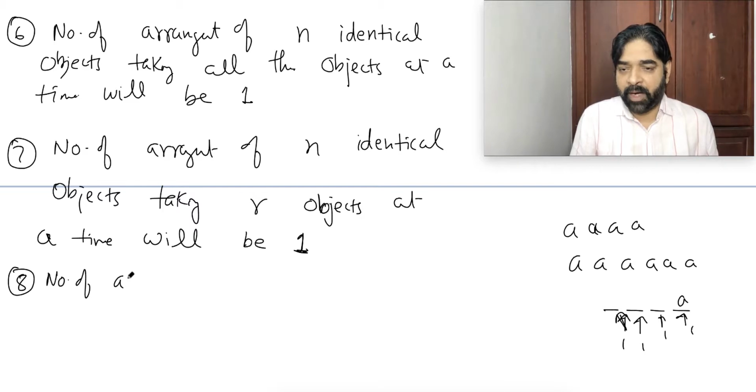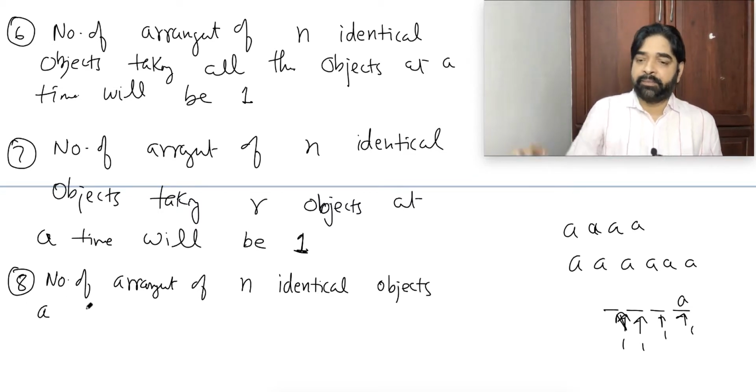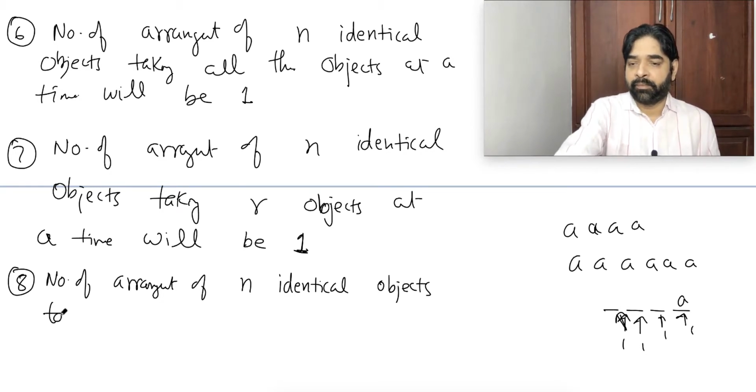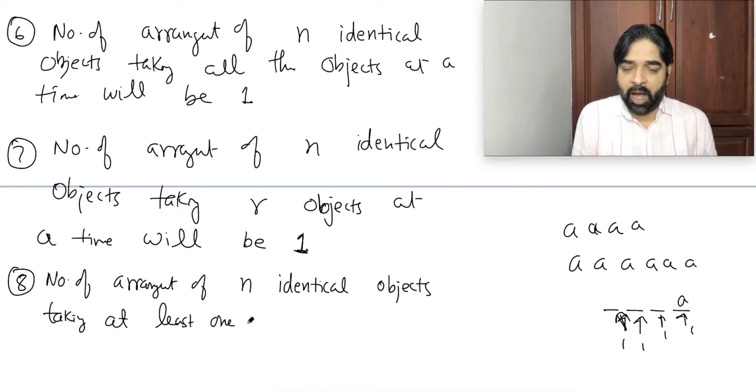Next one. Number of arrangements of n identical objects taking at least one object at a time.